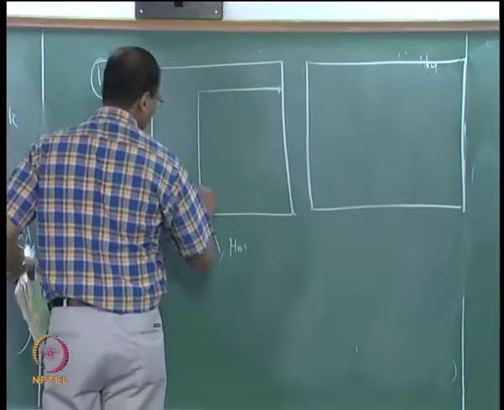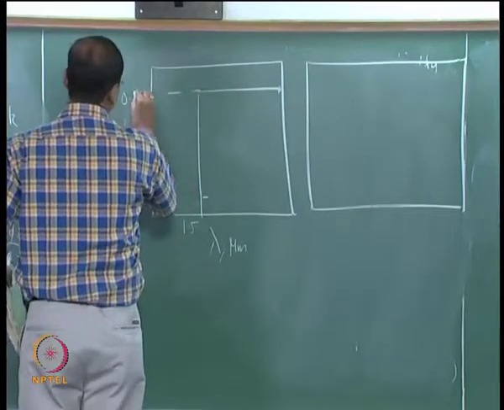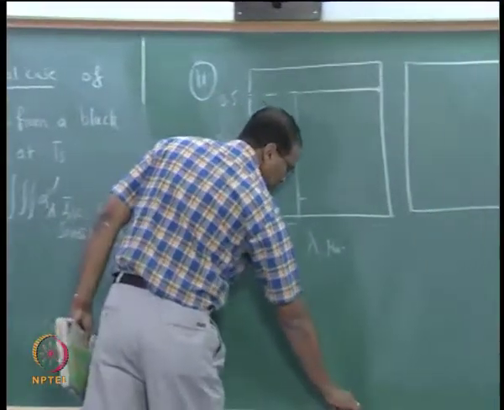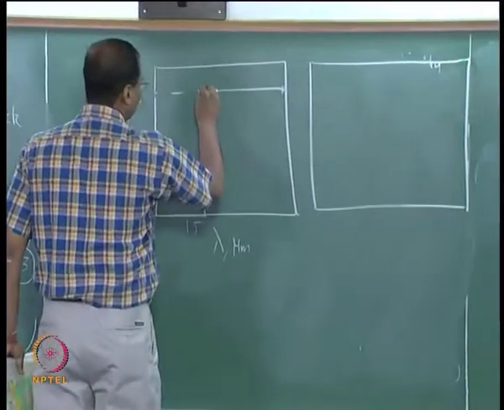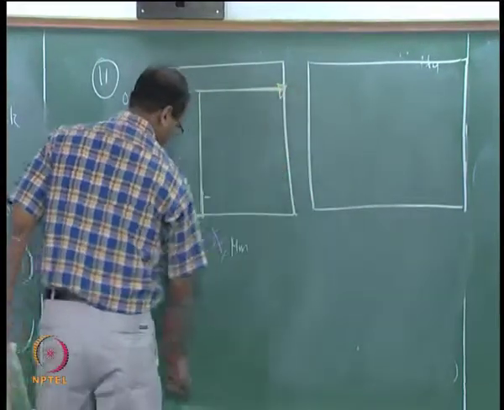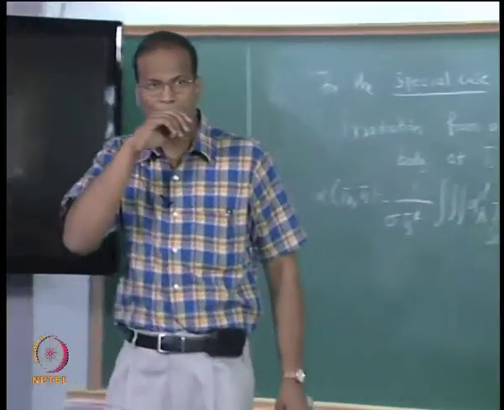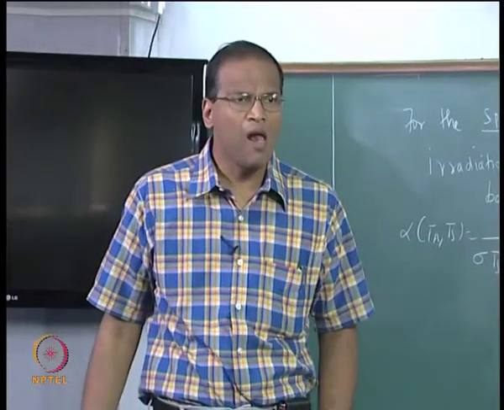Shall we make this 0? Okay. This alpha lambda versus lambda for an opaque surface is going like this. From this can you calculate alpha?